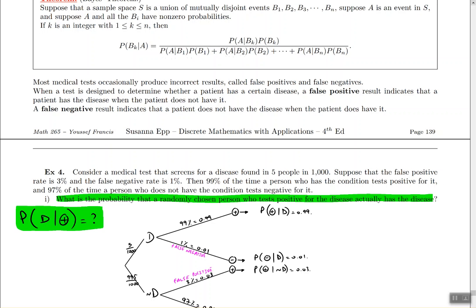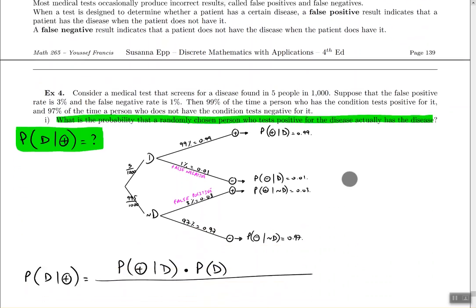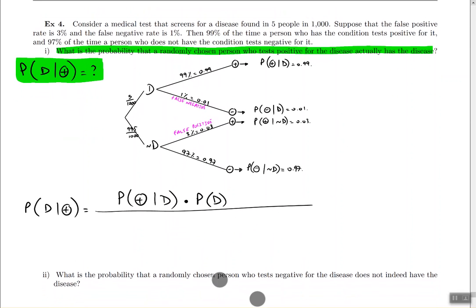So go through all the possible events. In my case, the events are D or not D. So I'm going to start with P of plus given D again, the same thing that I wrote in the numerator, times P of D, plus P of plus, one more time, given not D, multiplied by P of not D.